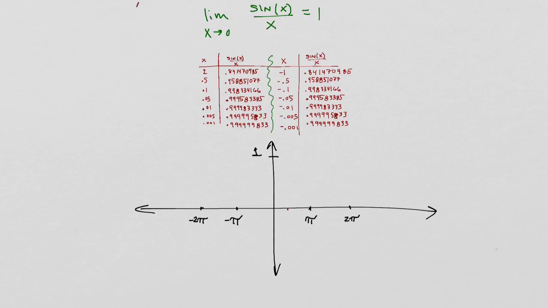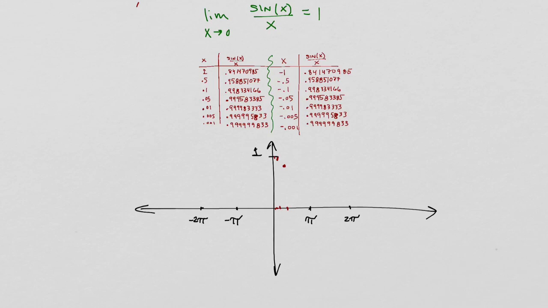So 1 would be roughly here, and we got an output value of 0.84, so that would give me a point roughly there. When x is 0.5, I've got a value of 0.958. And as I get closer and closer to 0, my values get really, really close to 1.